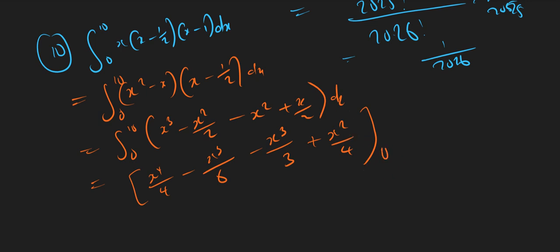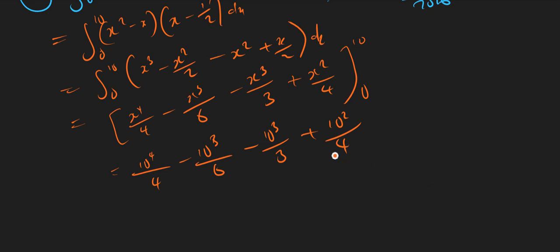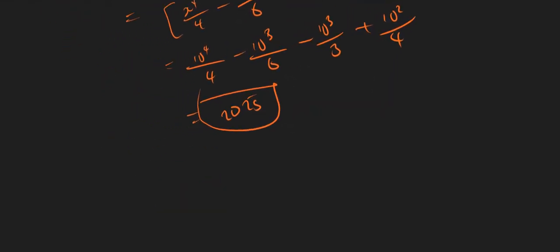So we are going to evaluate this from 0 to 10. For the 0 part, everything vanishes. From the 10 part, we are going to just have 10 to the 4 over 4 minus 10 to the third over 6 minus 10 to the third over 3 plus 10 to the second power over 4. Now we can use a calculator to do something here. We're going to get everything here to equal 2025. Okay, so that is the answer to that.